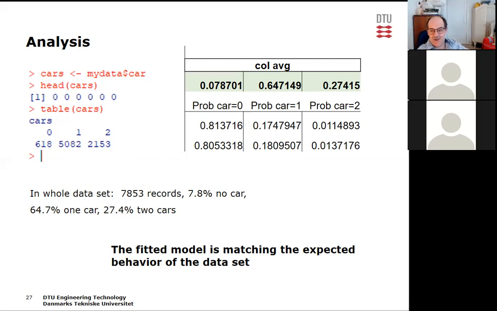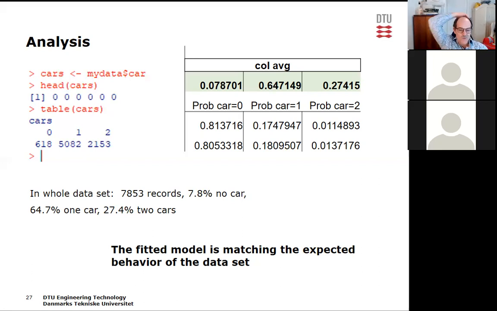I have collected it from Google and from Facebook and from public sources and God knows what else. I've collected all this data, and then I fitted this. Now I have this model that accurately predicts who has a car and who doesn't.